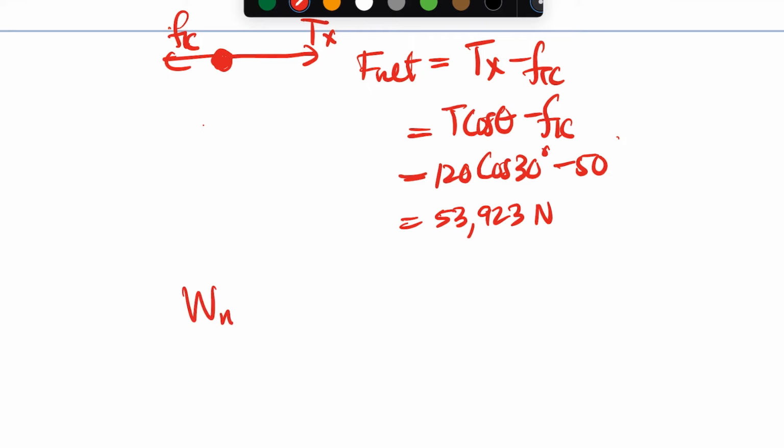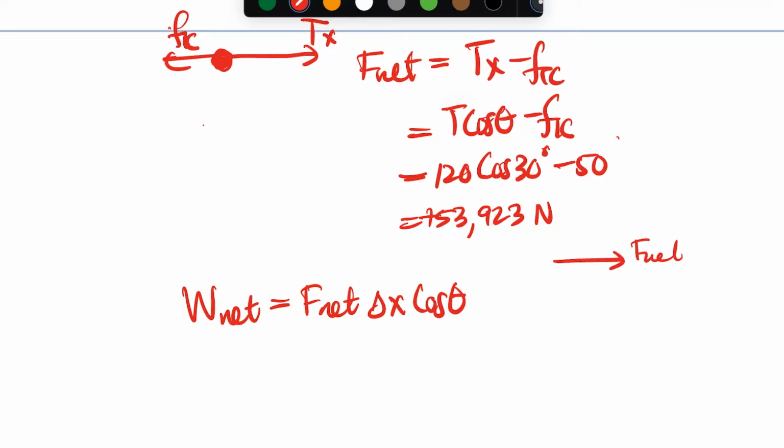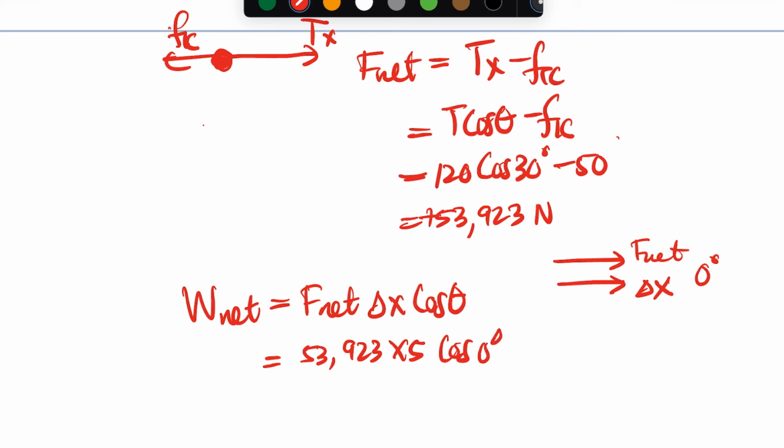Let's calculate the net work done, which is the work done by the net force. Since the net force is positive, it's going to the right, and the displacement is going to the right as well, so the angle between them is 0. F net is 53.923, the displacement is 5, and cos of the angle is 0.